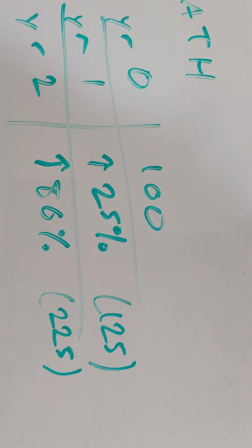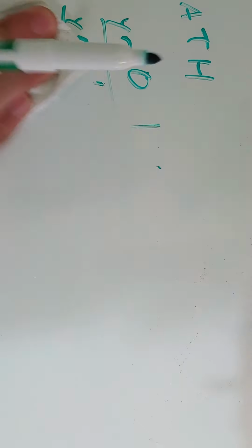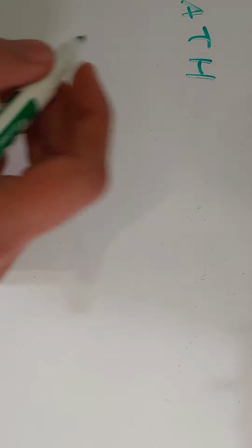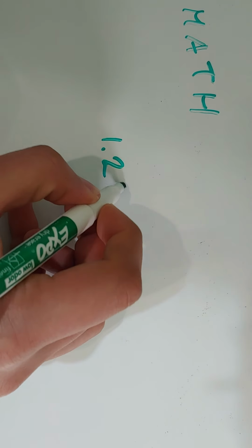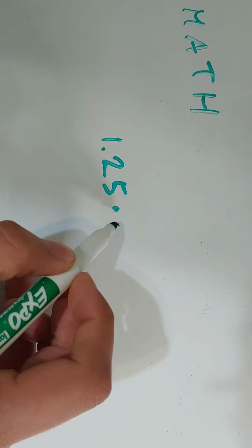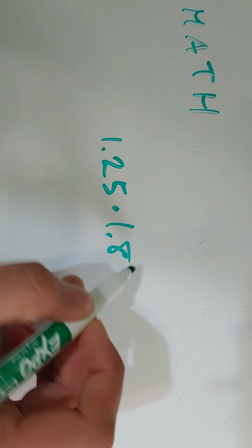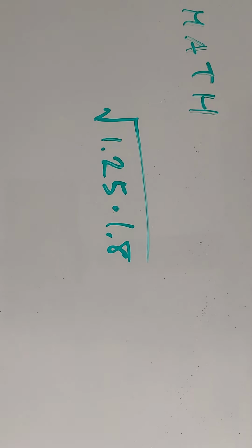So this is actually a situation where we want to use our friend, the geometric mean. Let's see what happens when we use the geometric mean. So we have a growth of 25% and a growth of 80%. Now, since we're talking about ratios here, let's put a 1 in front of those because we're actually multiplying by 1.25 and 1.8. Let's see what happens when we take the geometric mean of those two numbers. So we'll have 1.25 times 1.8, and we're taking the square root of that because we have two numbers.